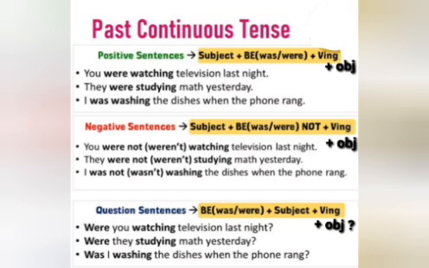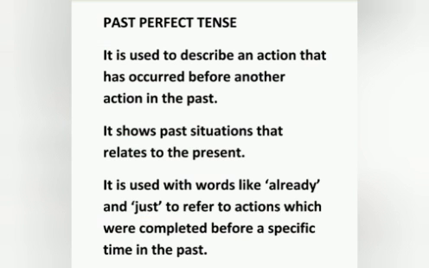Next, we have past perfect tense. Now this is used to describe an action that was placed, or you can say it was before another action in the past, that occurred before another action in the past.